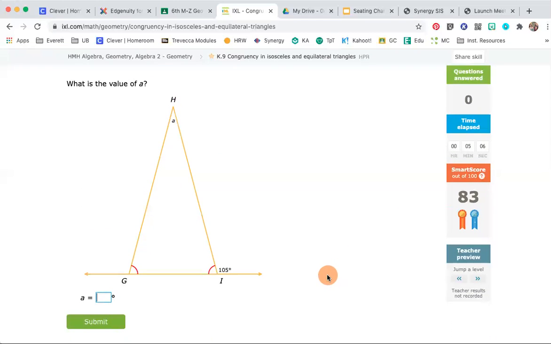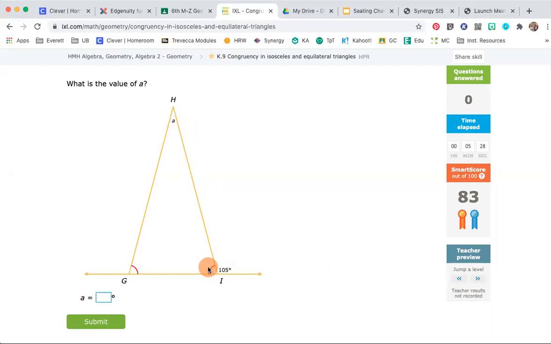Then we have an exterior angle. You might remember that this was taught in the 7.1 video on exterior angles. So if you have two congruent angles down here, you can first use this linear pair to find that this angle is equal to 75 degrees.